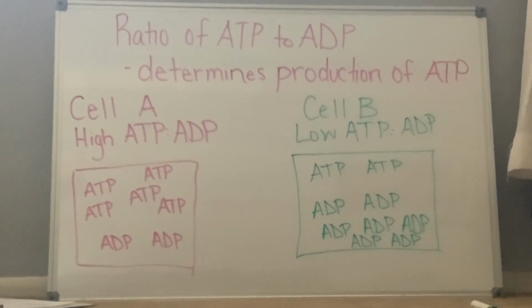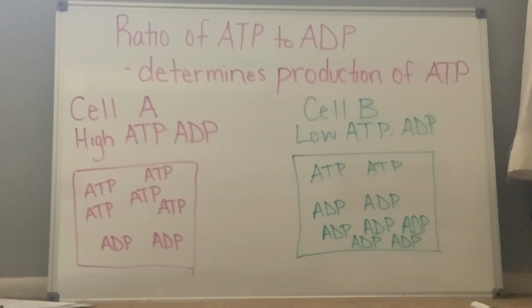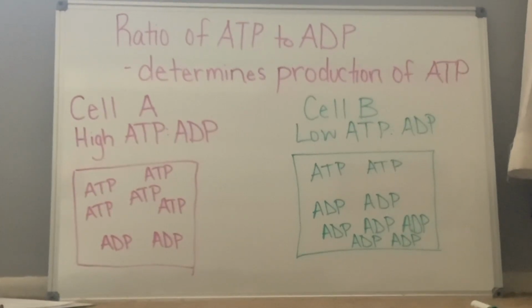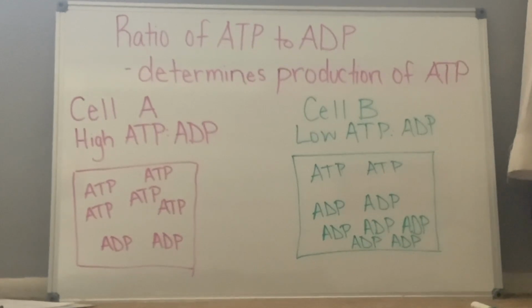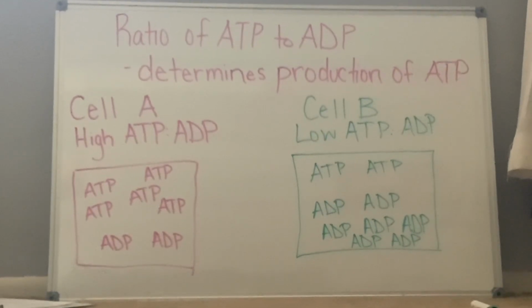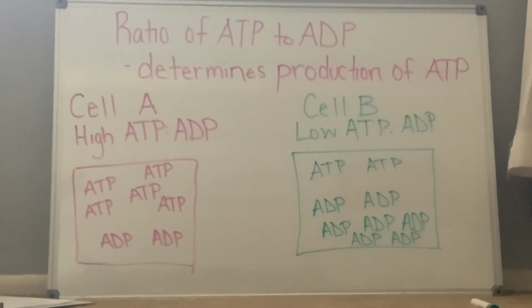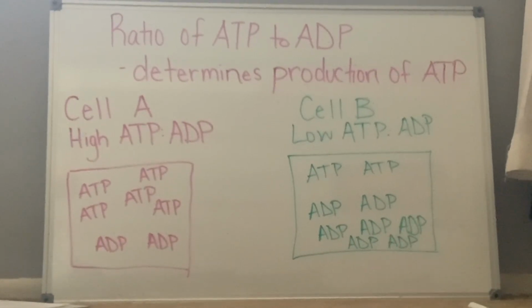In cell B, we see a low ATP to ADP ratio. This cell has a high metabolic activity rate right now because there is less ATP available than the cell is using. We can see that the ratio of ATP to ADP is 2:7.